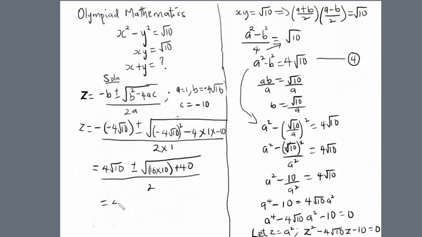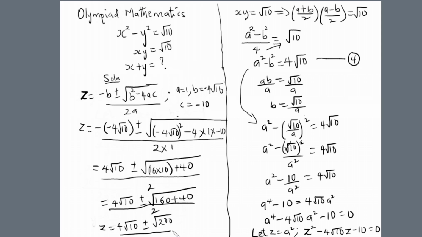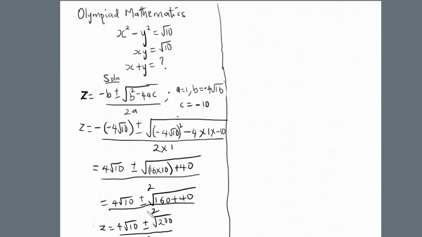So this is 4 root 10 plus or minus the square root of 16 times 10, 160, plus 40. We're still dividing by 2. And then z would be equal to 4 root 10 plus or minus the square root of 200, divided by 2.